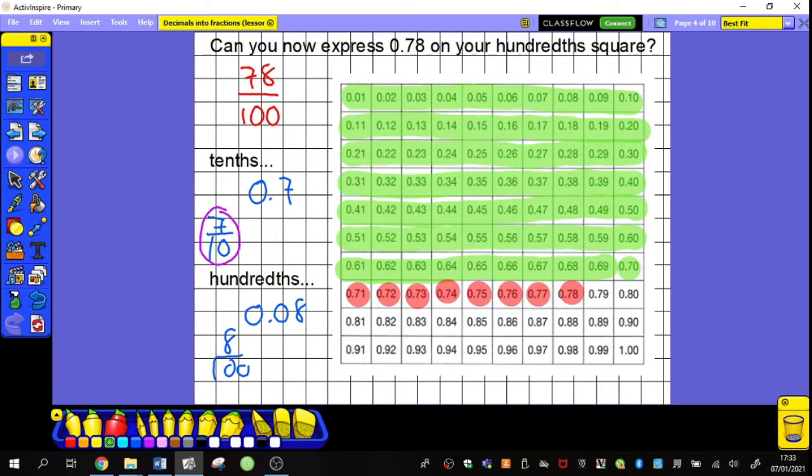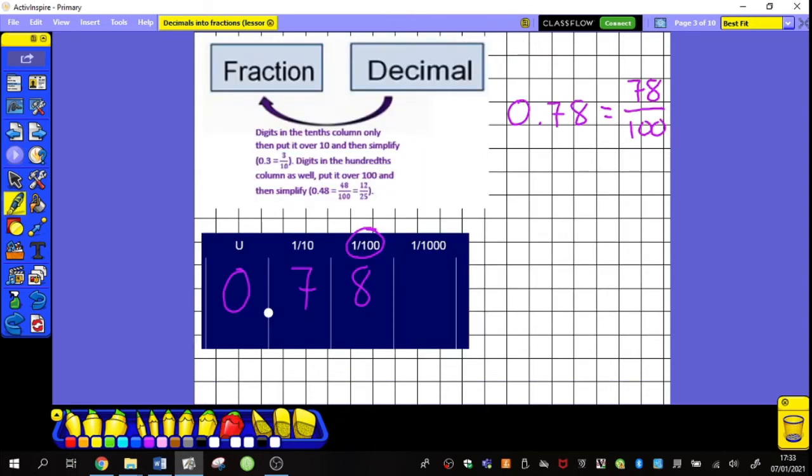So 7 tenths I know is the same as 70 hundredths down here. Now I've looked at the 0.08, the remaining part, and I have placed 8 red dots to get to 0.78. So in total I have 78 of my boxes filled out of my hundredths square. So that would be 78 hundredths, and that is why that works.